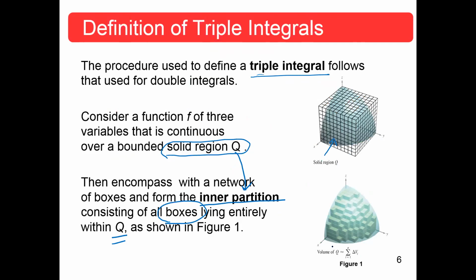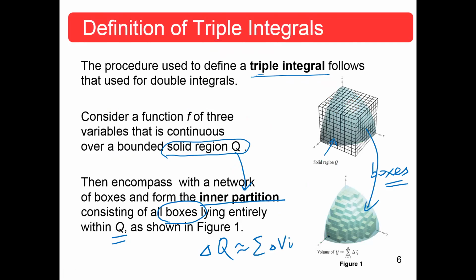This is currently my Q, and I'm going to decompose it into a bunch of little boxes, as you can see. Then the volume of this Q, which is delta Q, can be approximated by the sum of all of these delta V.